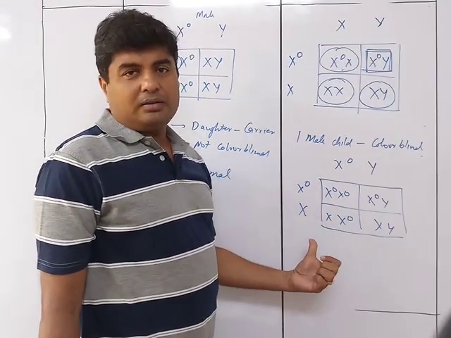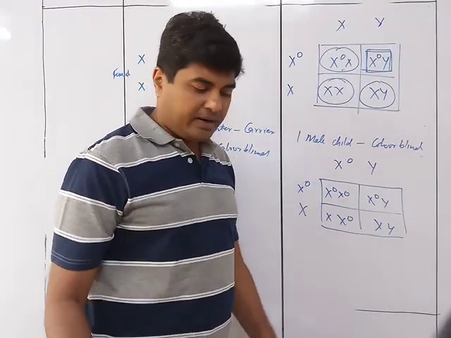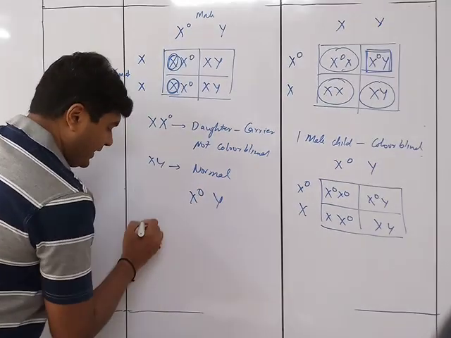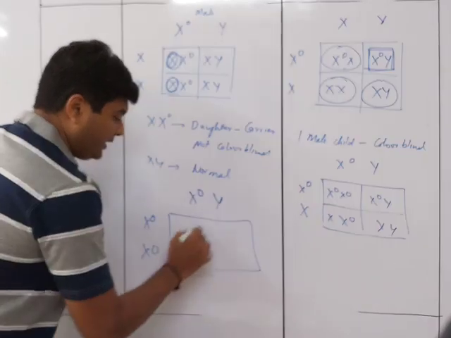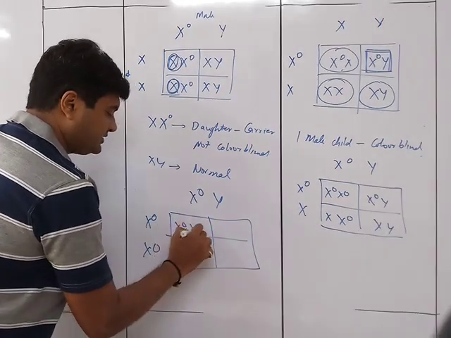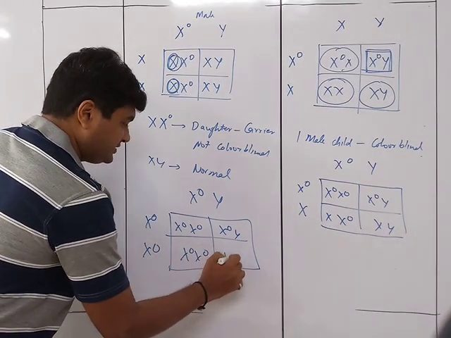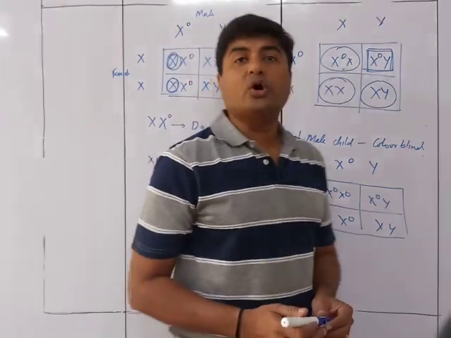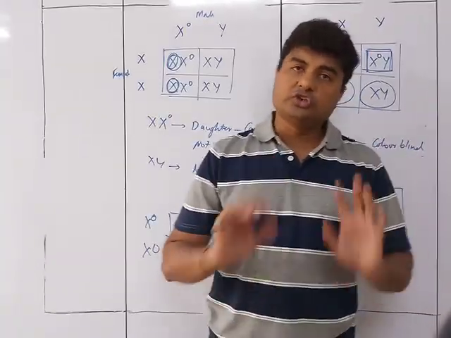Of course, if both are colorblind, then definitely it is going to be a difficult situation. For example, if it is XcY and XcXc, when both are colorblind, then what is going to happen is XcXc, XcY, XcXc and XcY. So if the mother and father both are colorblind, then definitely all the kids will also be colorblind.